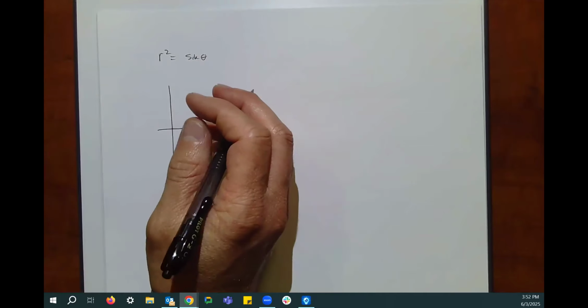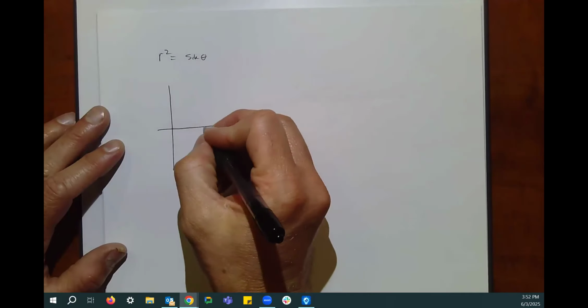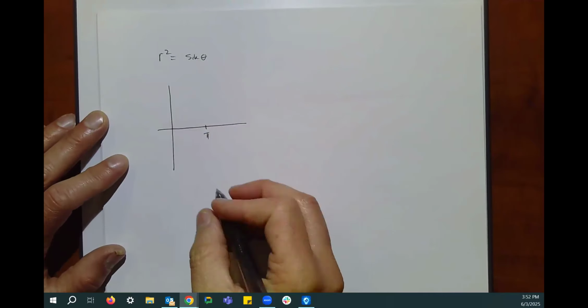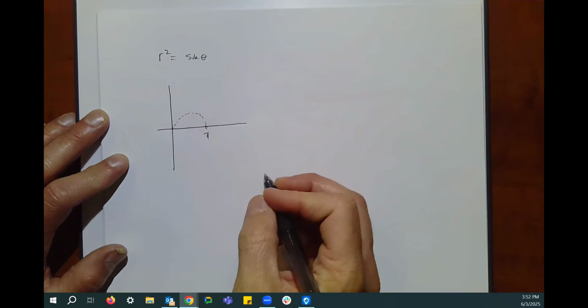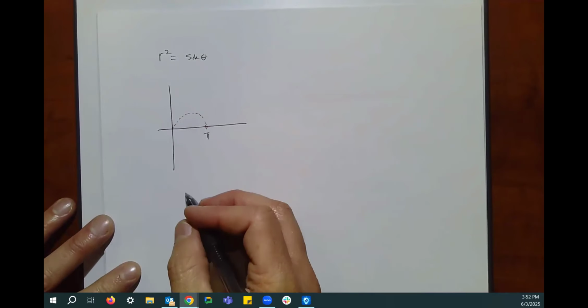So first of all, to have solutions, your sine better be positive, right? And sine is positive from 0 to pi. So from 0 to pi, your sine graph looks like this. And you're basically saying, cool, r squared is equal to those values.